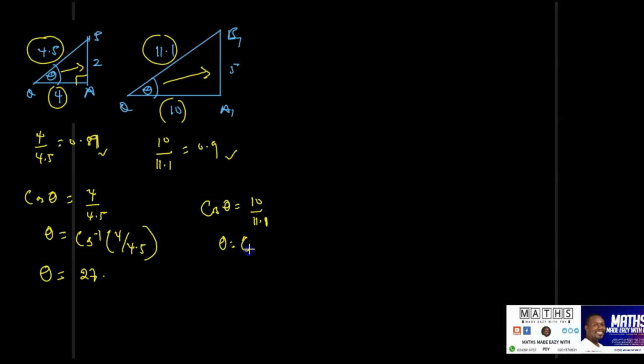Theta will be equal to cos inverse of 10 on 11.1. Please work this one out also for me. 25.72. And you said this one was 27. There were some decimals. 27 point what?